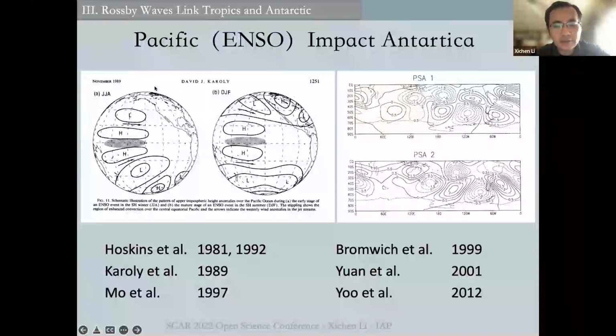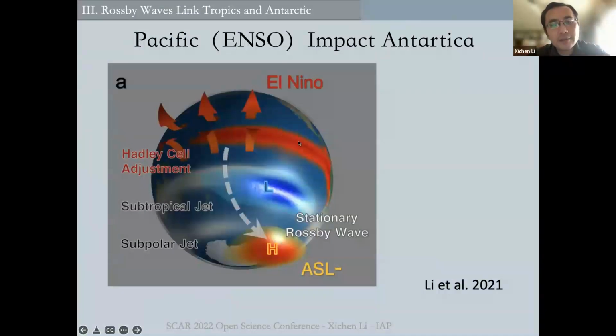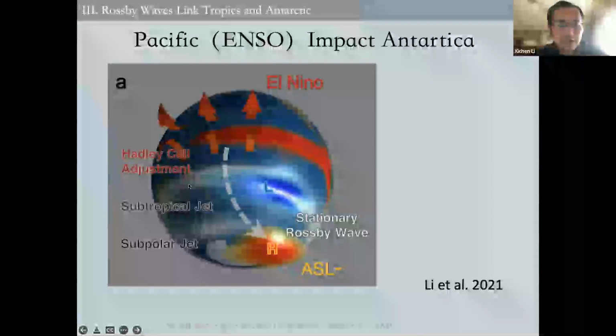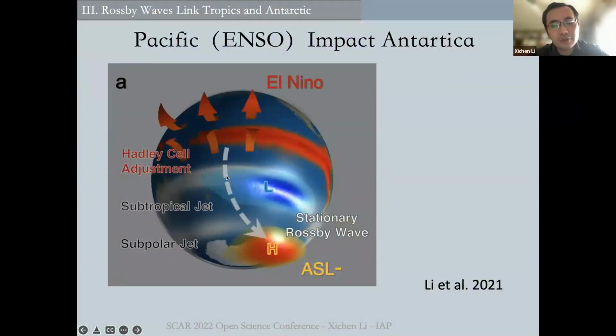That's basically stationary waves. The main idea is that the equatorial warming caused by the positive phase of ENSO, the El Nino, can generate deep convection in the tropics and intensify the Hadley circulation. This adjustment can perturb the subtropical jet and generate stationary waves that propagate to the polar region and change the circulation there.